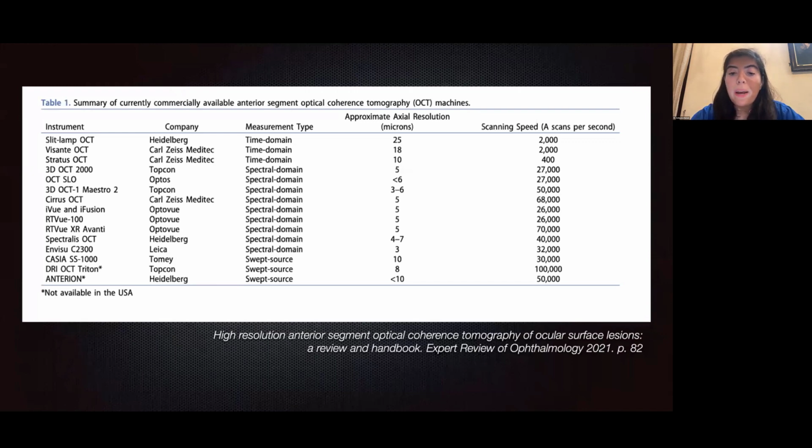While newer spectral domain OCT platforms have offered higher axial resolutions, they are limited in their overall depth of penetration of tissues as compared with time domain OCT as well as UBM.